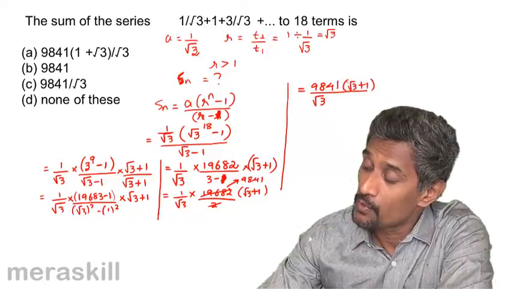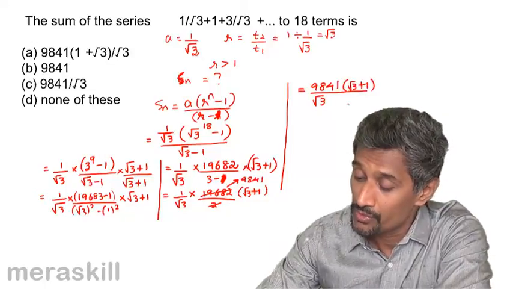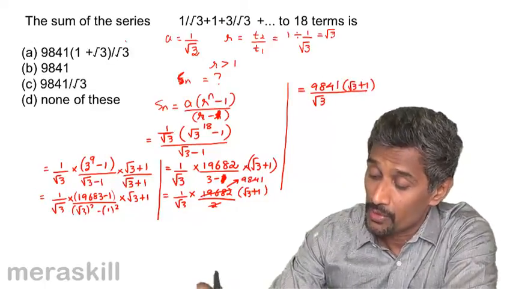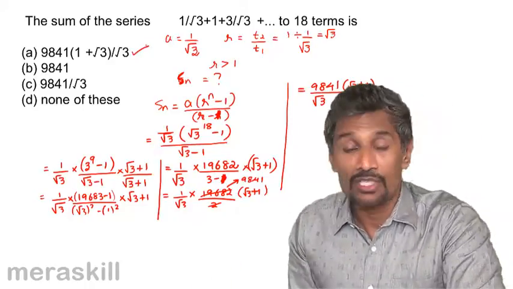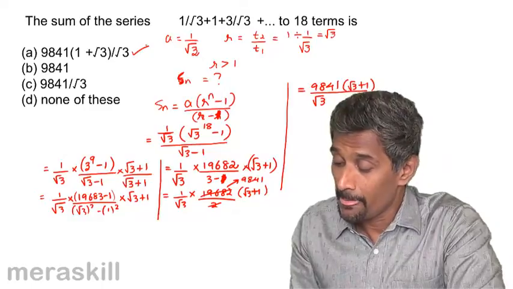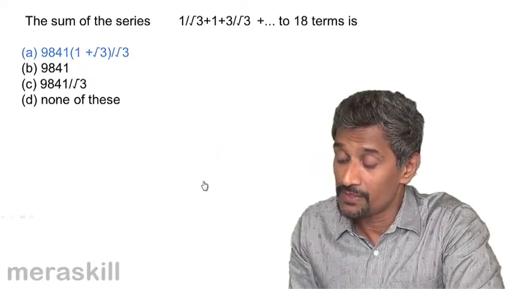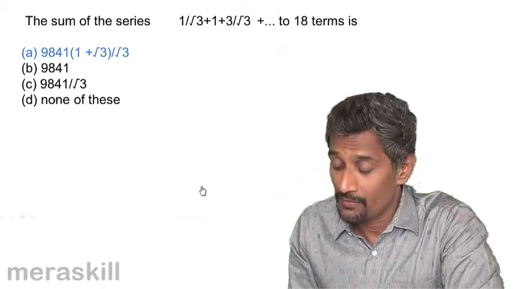So it's 9841 into root 3 plus 1 upon root 3, or 1 plus root 3 upon root 3. Among the options, this is the one which tallies with what we have, and with confidence we can say that we have got it right.